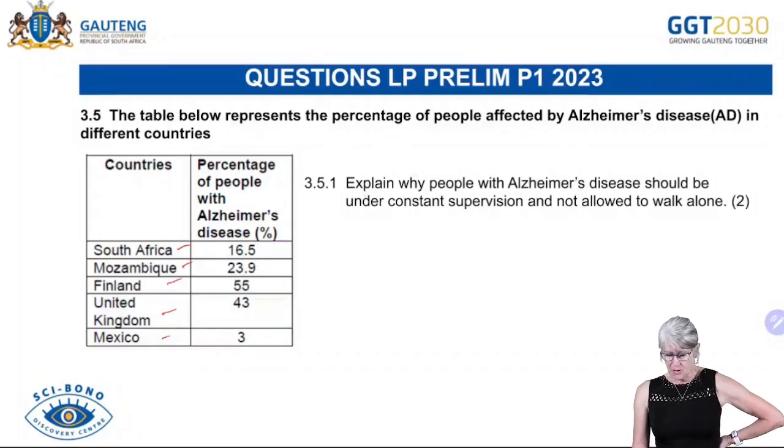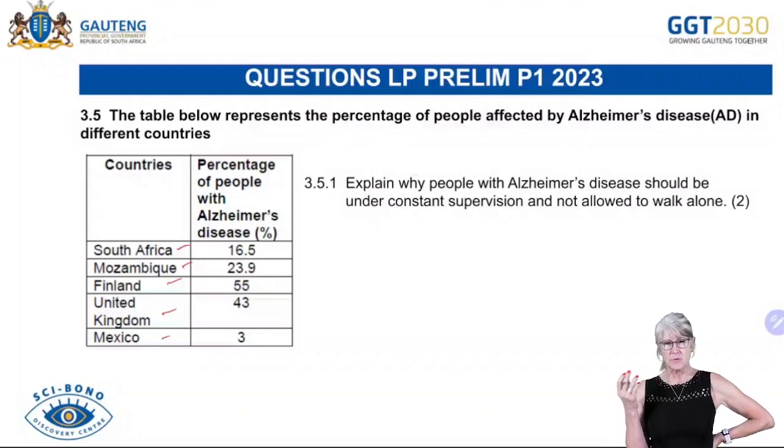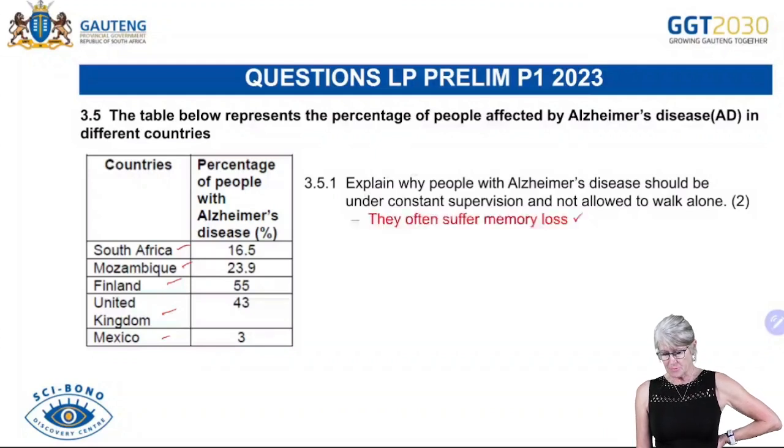Right, the first question they ask is, explain why people with Alzheimer's disease should be under constant supervision and not allowed to walk alone. Remember, when Alzheimer's occurs, the neurons of the nervous system start to degenerate, and so people become confused.